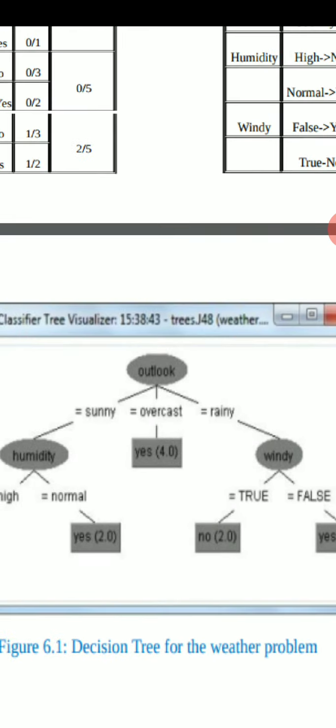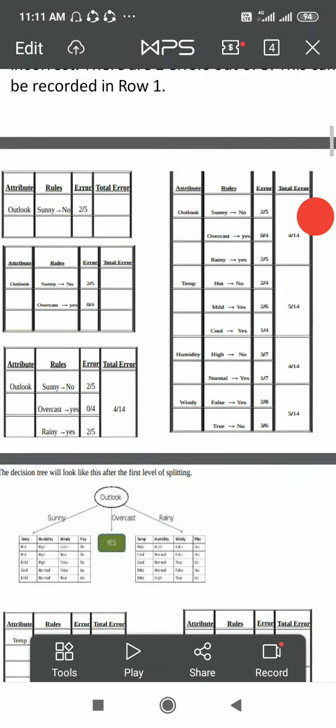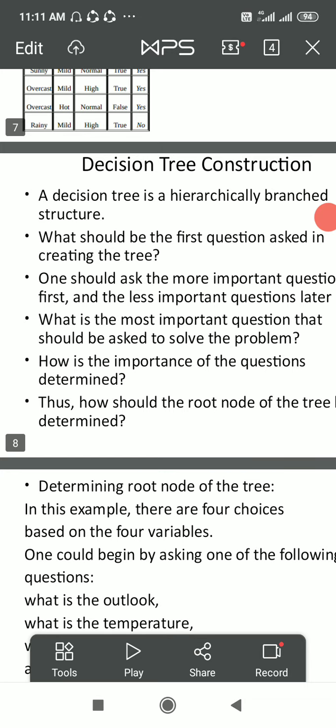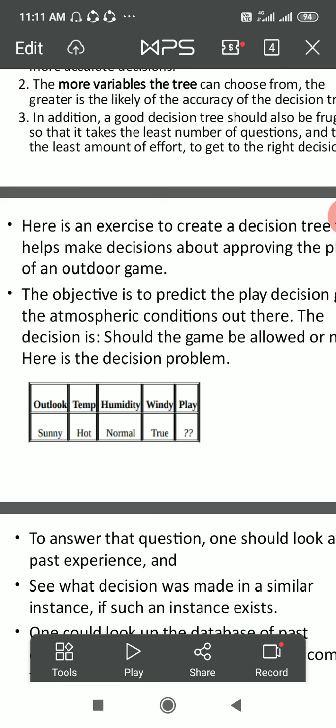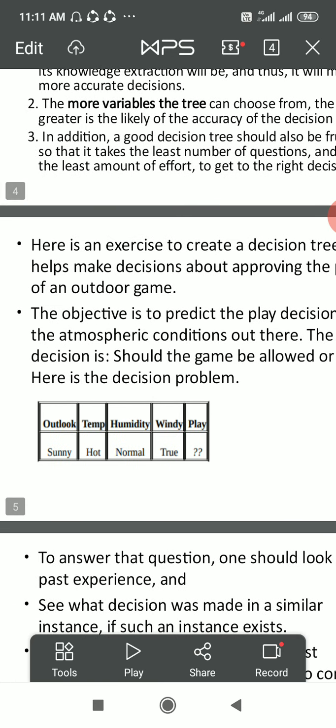So coming to our problem, which we have here for problem solving, we have outlook is sunny, temperature is hot, humidity is normal, and windy is true.